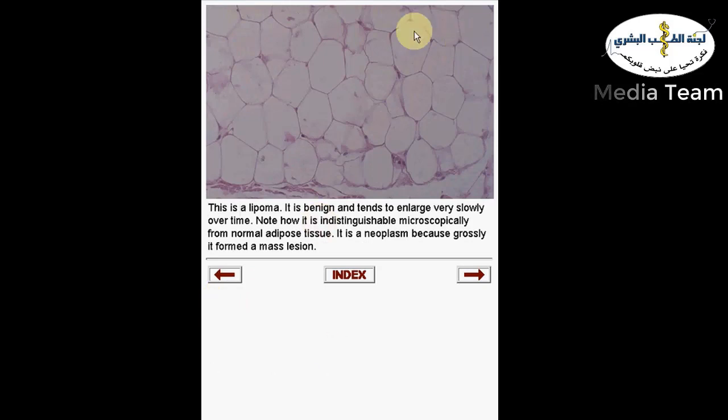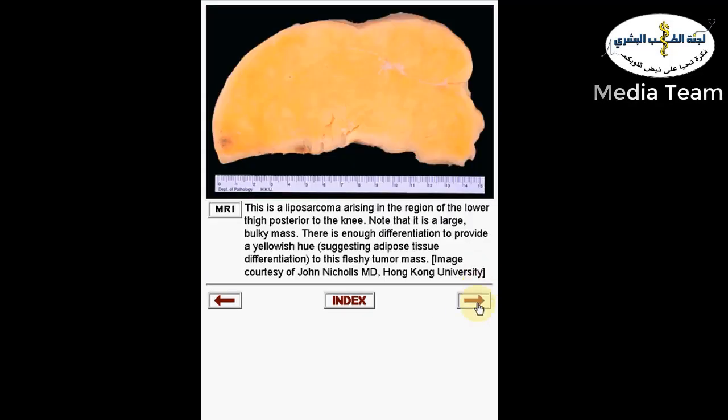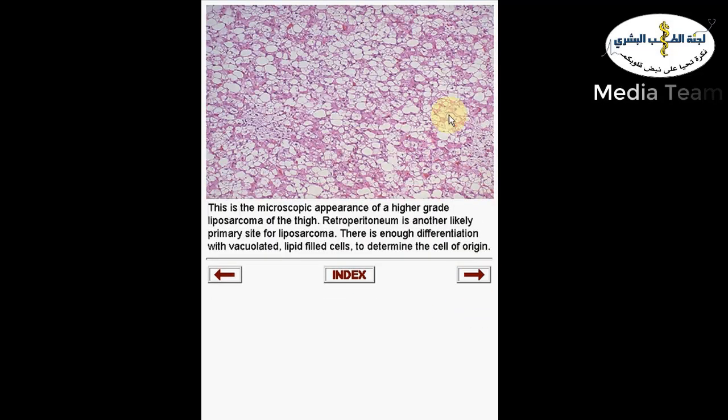You can hardly appreciate the nuclei because they are pushed aside by the fat droplets inside the cytoplasm. You can maybe appreciate one or two or three in this whole section. But in liposarcoma, the nuclei become more easily appreciated, atypical and hyperchromatic. Sometimes we see necrosis and mitosis.